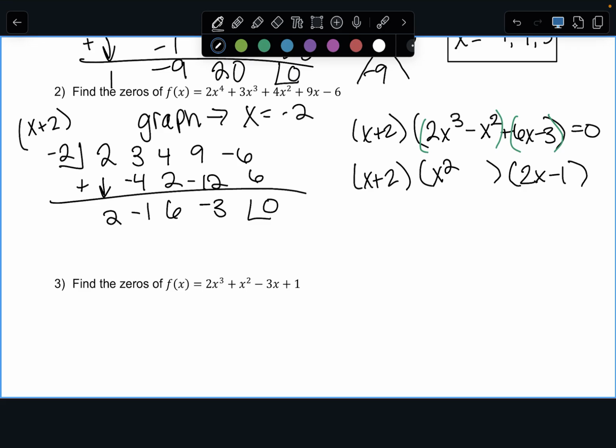And then out of this group, I need to take out a positive 3 to be left with 2x minus 1. Oh my gosh, that's the second time I've done that today.